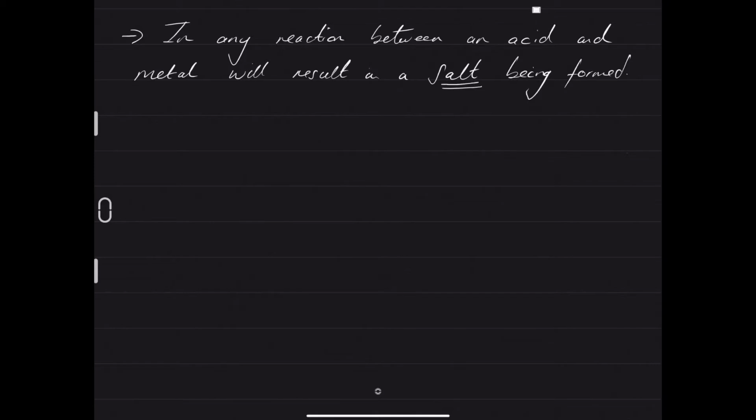Now, the salt is formed because the hydrogen in the acid is completely or partially replaced by the metal ion.